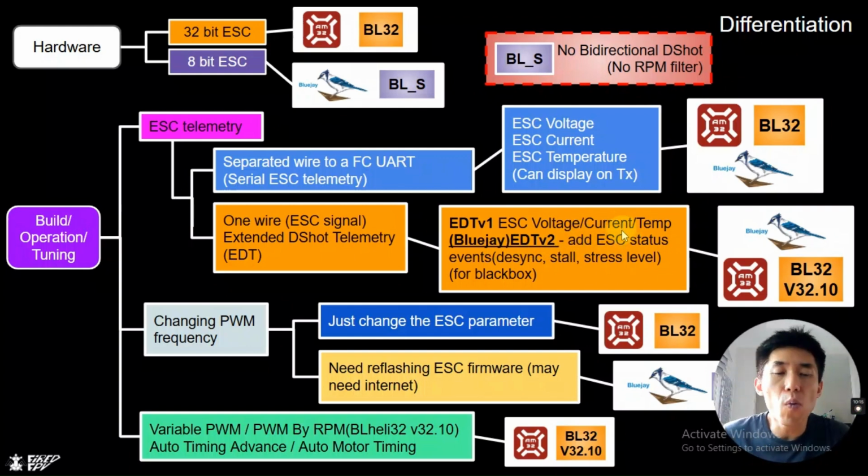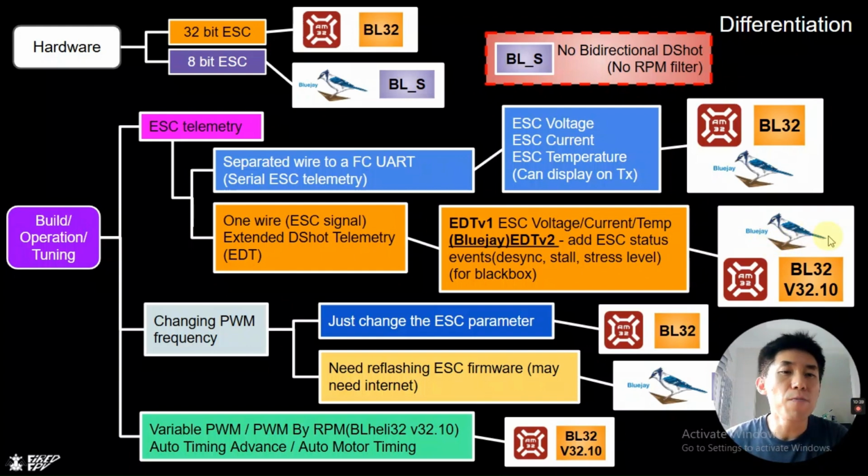So if you want ESC telemetry with the EDT feature, you don't have to solder the additional wire, and it's automatic. After you flash it, it will show up on your OSD, and you will get EDT v2 for Bluejay.